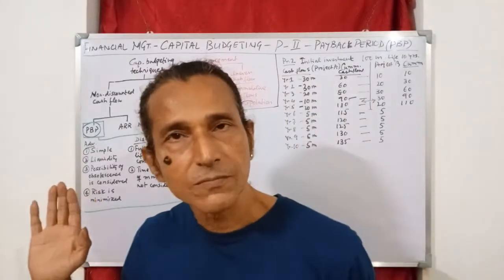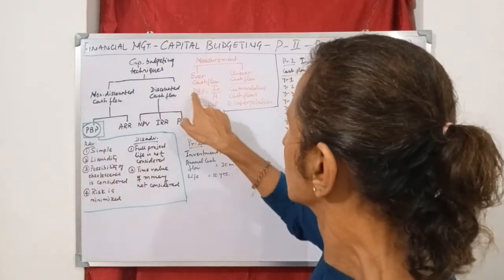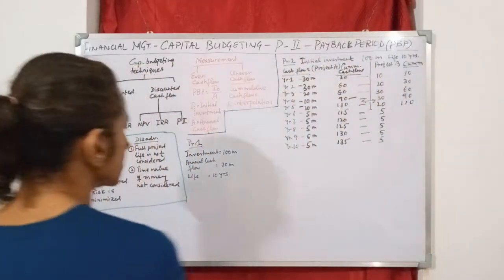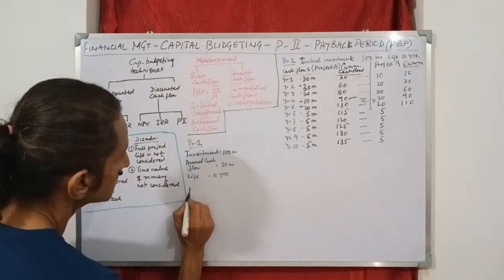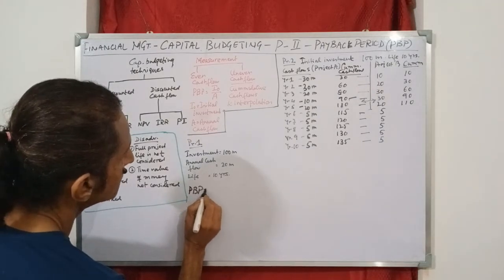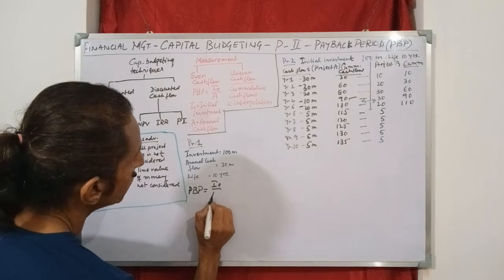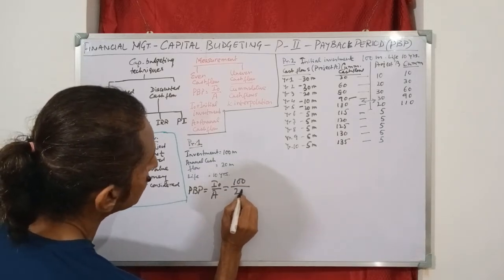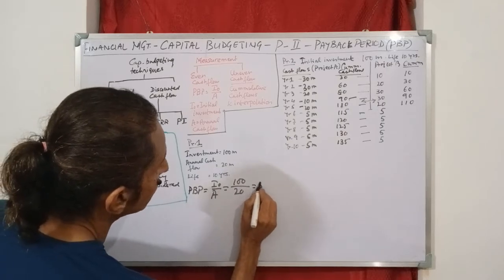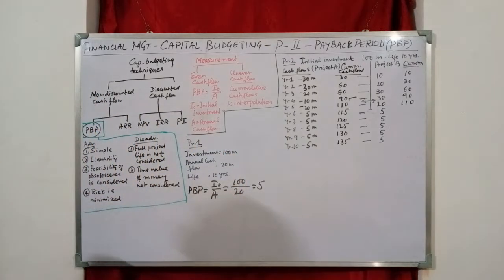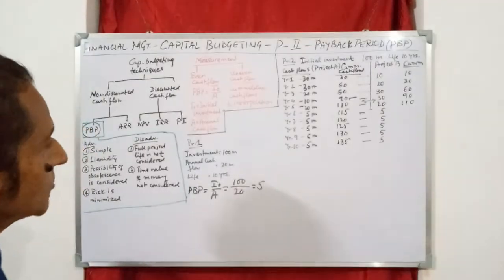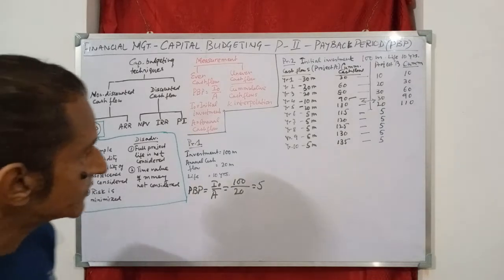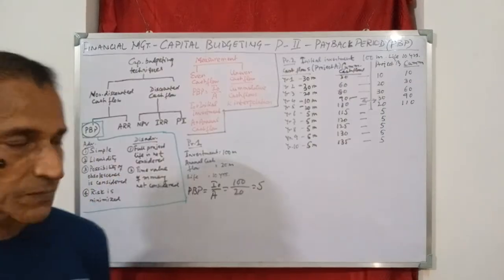So we can apply this formula, that is PBP is equal to I0 by A. So here PBP is equal to I0 by A, is equal to 100 million divided by 20, equals 5. Right? So although the life of the project is 10 years, the initial investment is recovered in 5 years.